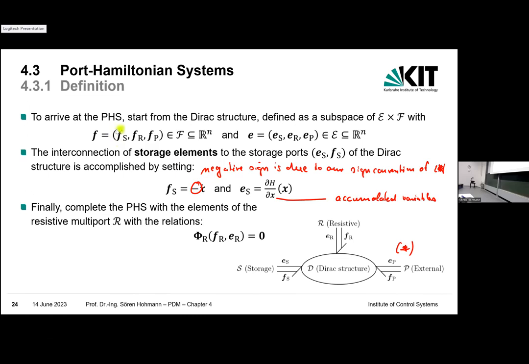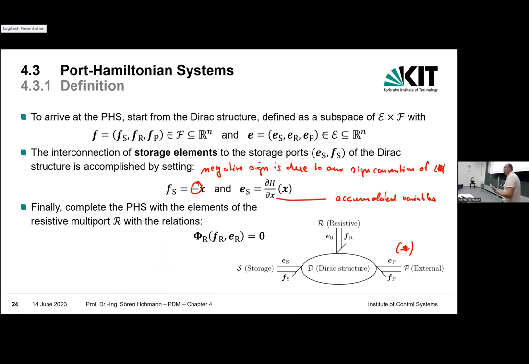So obviously we defined F_S and E_S for storage elements already. Second, we know that resistive relations have a constitutive relation given by means of a nonlinear function, perhaps, which relates flows and efforts.